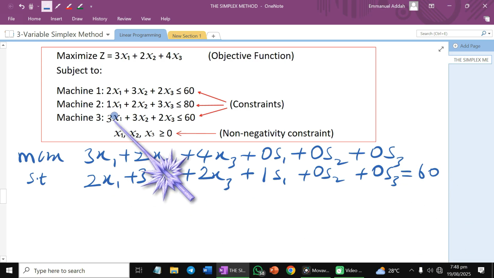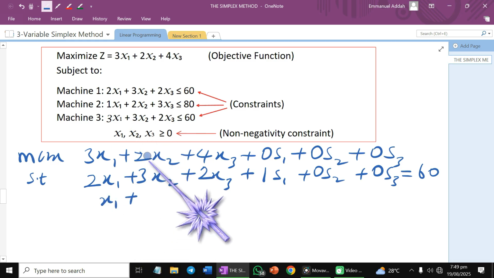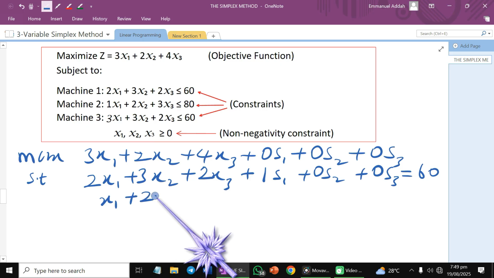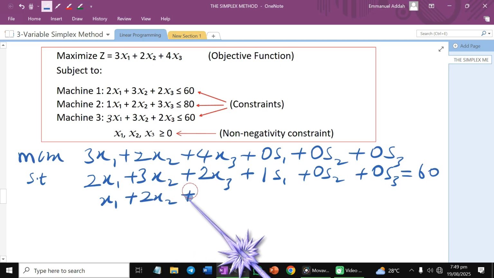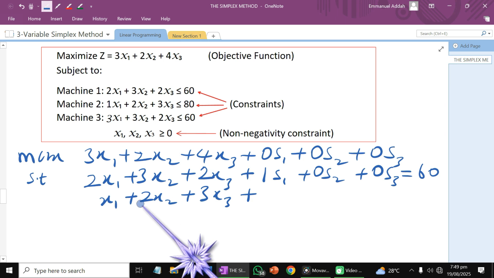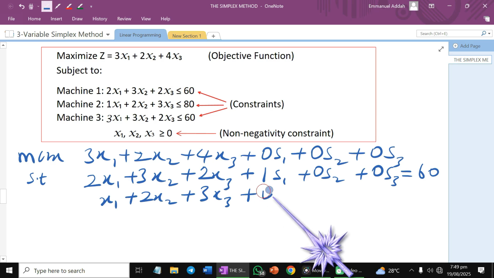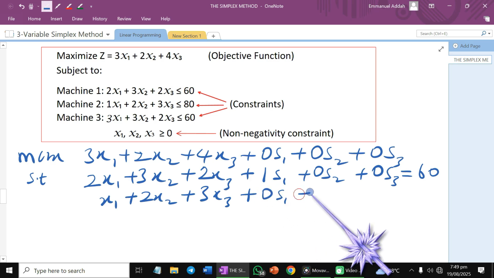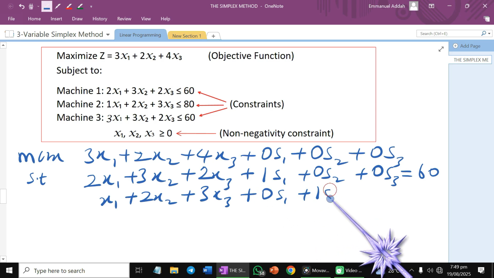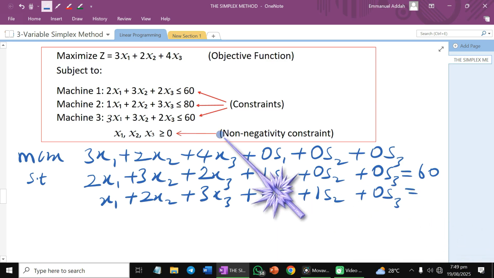Go to the next one. 1x1, that is x1, plus 2x2 plus 3x3, plus, for this the constraint is s2, so there will be 0 s1 plus 1 s2 plus 0 s3, equal to 80.